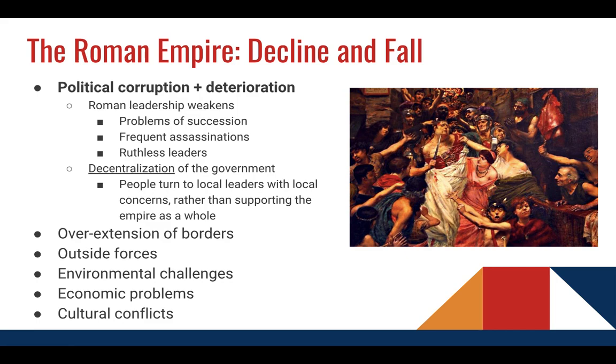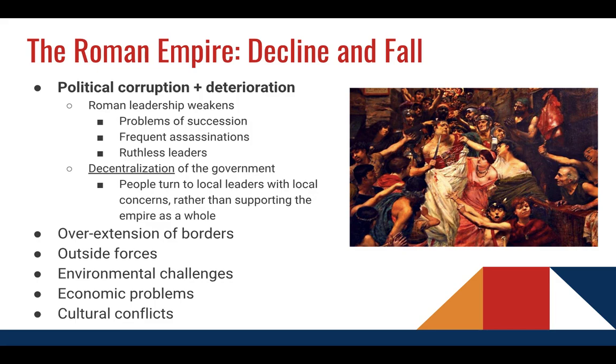There are frequent assassinations. For example, in one 50-year period in the 3rd century, there were 26 different emperors of Rome, and all but one died of unnatural causes. And at times you have ruthless leaders of Rome, leaders that are assassinated perhaps because they are so harsh in how they rule this territory.